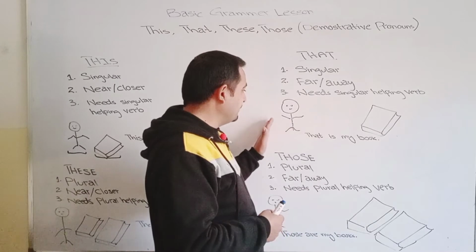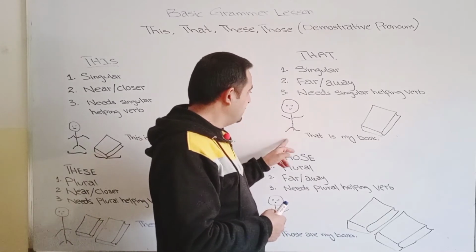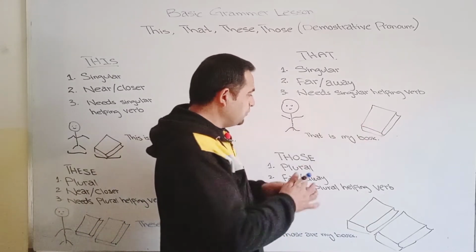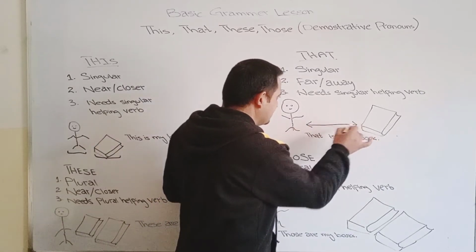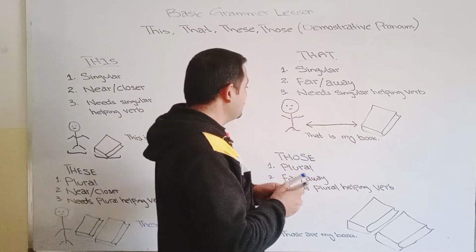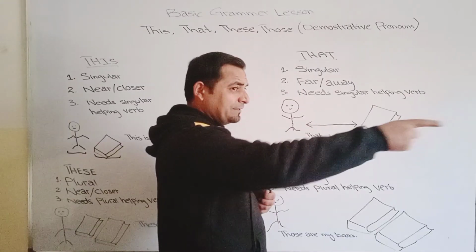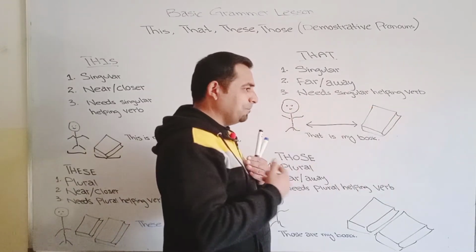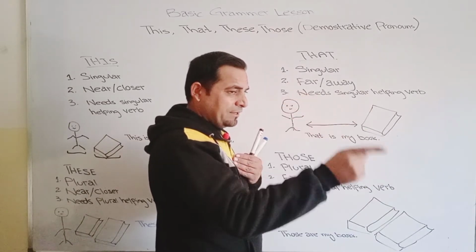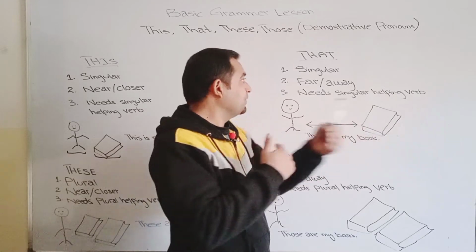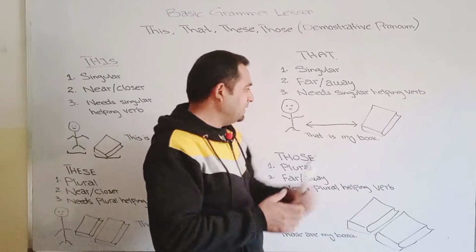So let's look at this example. The person is here and the book is here. So we see that there is distance between the person and the object, right? So that is my book. When you say that is my book, you are referring to an object, a thing that is away from you or far from you, right?